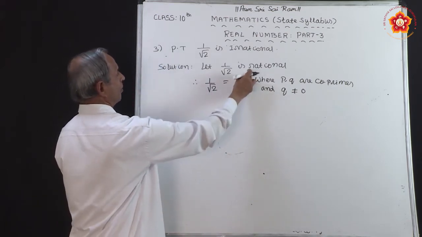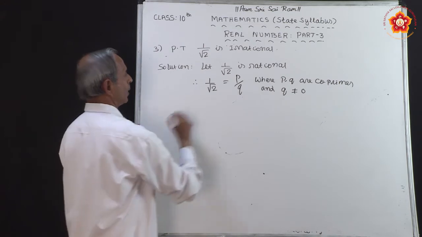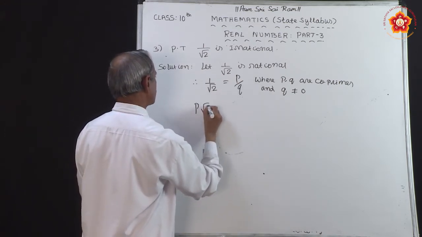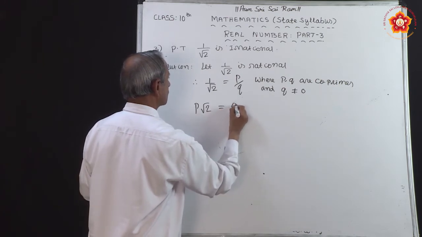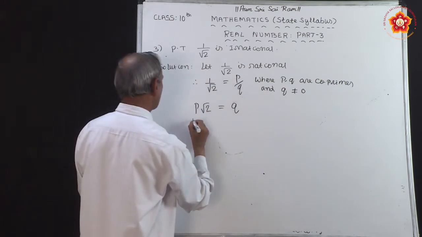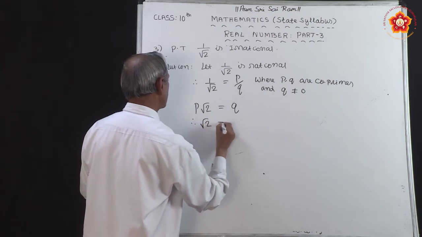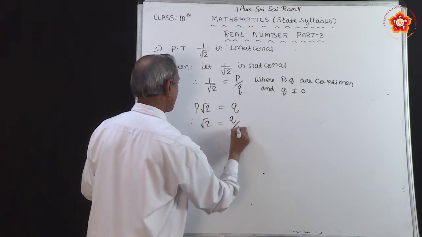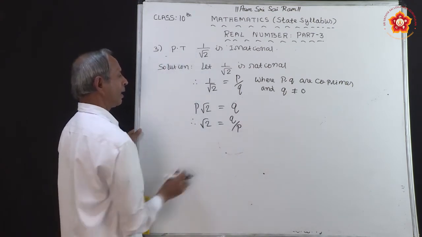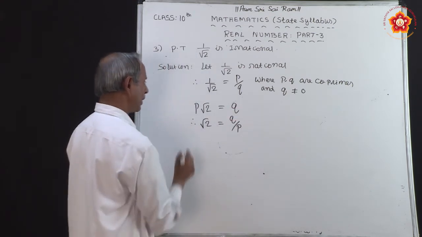Now, let us cross multiply. After cross multiplication, you will get p root 2 is equal to q. Therefore, root 2 is equal to q upon p. Now, the right hand side is in the form of q by p.